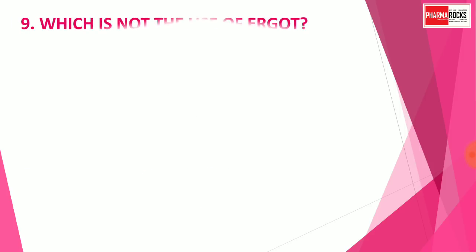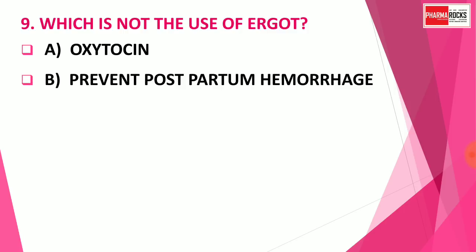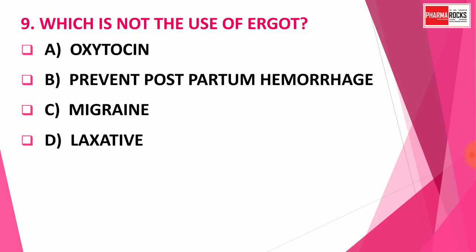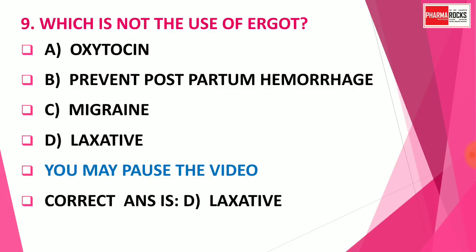Question number 9. Which is not the use of ergot? And the options are option A, oxytocin, option B, prevent postpartum hemorrhage, option C, migraine, and option D, laxative. You may pause the video, and the correct answer is option D, laxative.